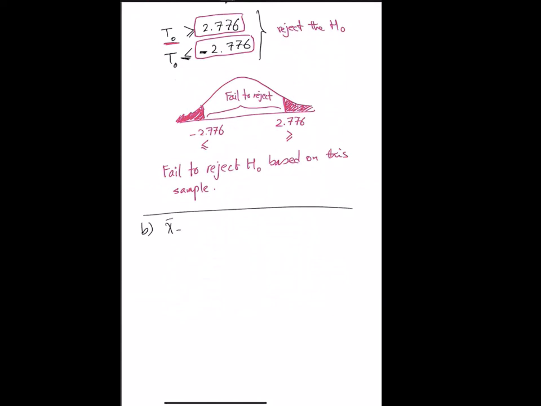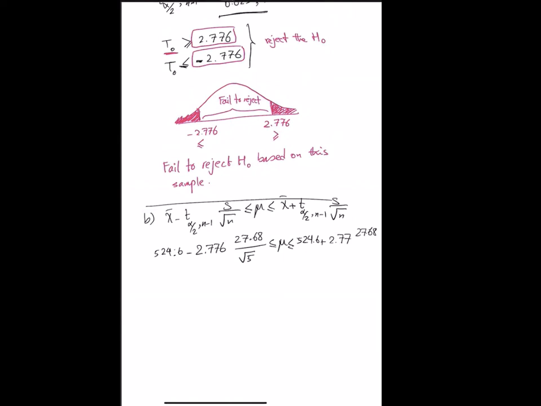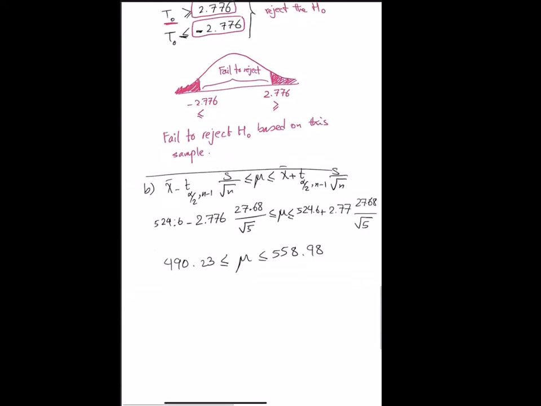X bar minus... and when we do all the simplification, this is the final value for the confidence interval, for two-sided confidence. Okay, now, so this is my two-sided confidence interval for this problem.